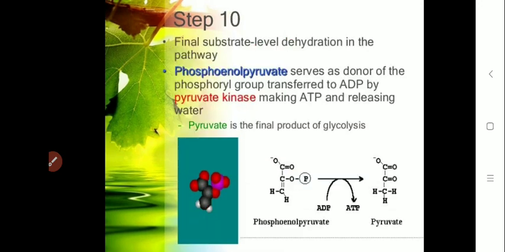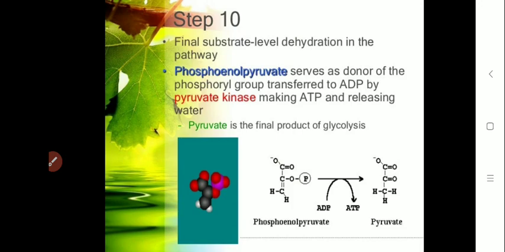Then comes the final step of glycolysis. The final substrate level phosphorylation in the glycolysis pathway is carried out in the 10th step. Here, phosphoenol pyruvate serves as a donor of the phosphoryl group, and the transfer of the high energy phosphate group which was generated in the ninth step is carried out to ADP, which forms ATP.